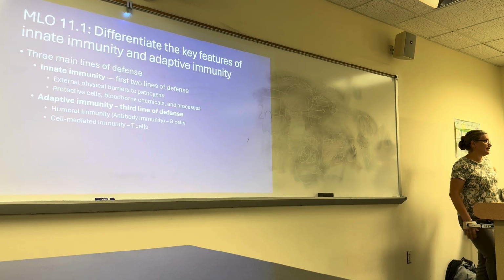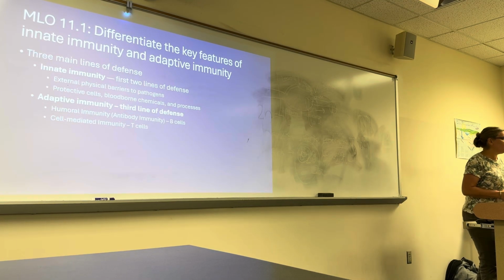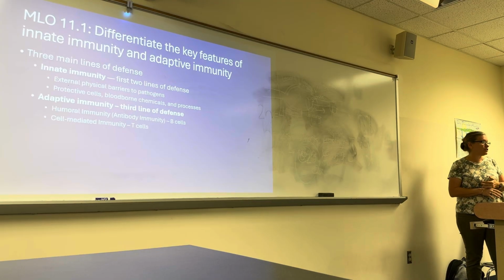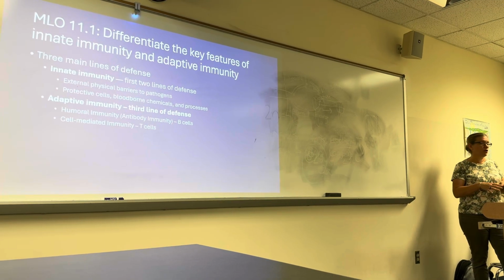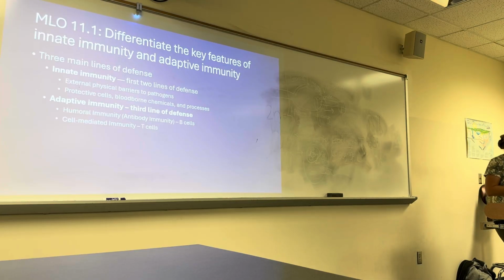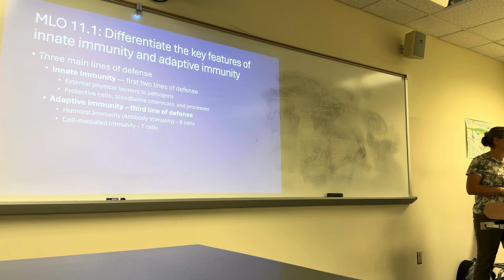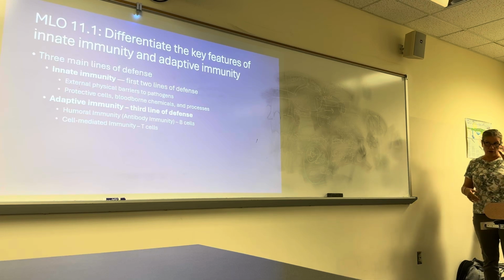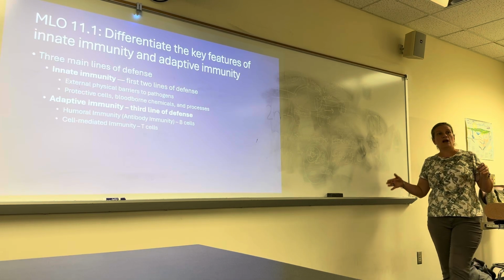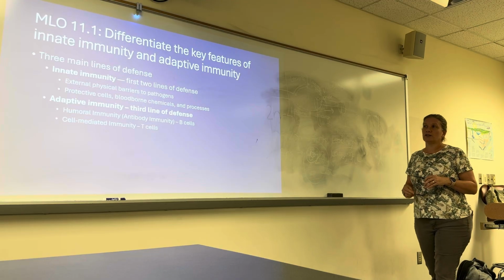So that being said, okay, we do have three main lines of defense. We have our first and second line of defense, which fall under what we refer to as the innate immunity. The innate immunity consists of external and physical barriers that prevent entrance, usually associated with that first line of defense, stopping the pathogen from even entering into the body.